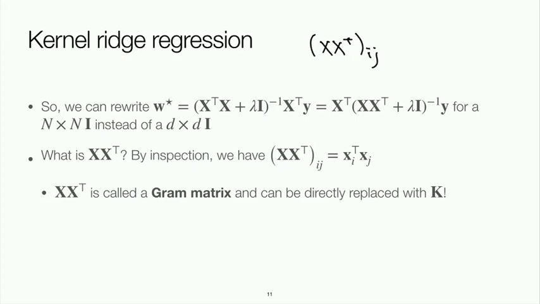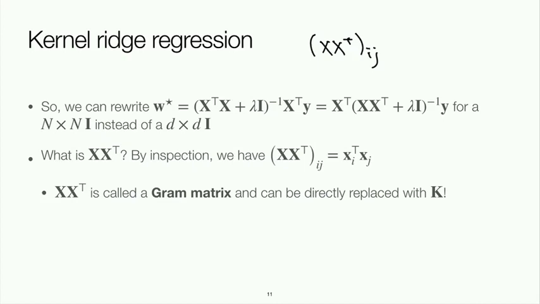Here, I actually already know what W star is, and I have this XX transpose that I've taken care of by just putting K in its place instead. But I claim that we're not quite done yet. Lambda is going to be okay, because lambda is just some hyperparameter scalar that we pick, and I is the n by n identity matrix. All of that is good.